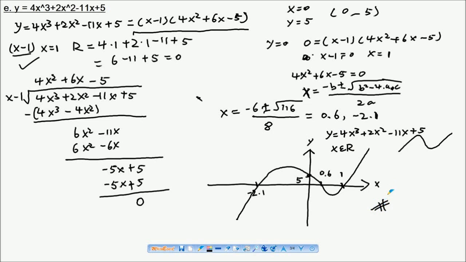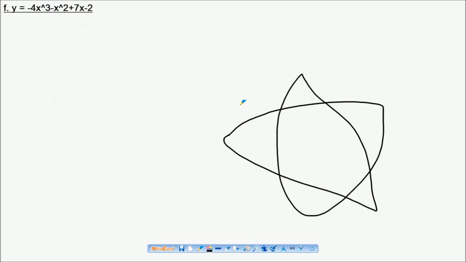Now let's look at question F. In question F, the cubic equation is y equals minus 4x cubed minus x squared plus 7x minus 2.